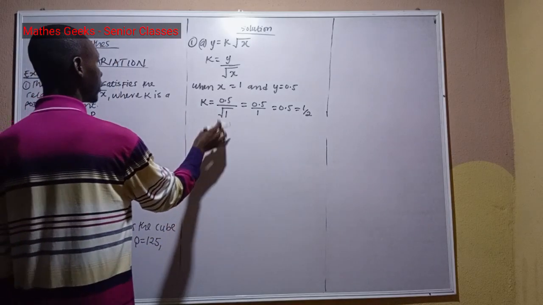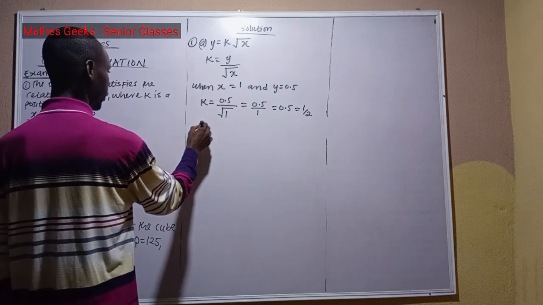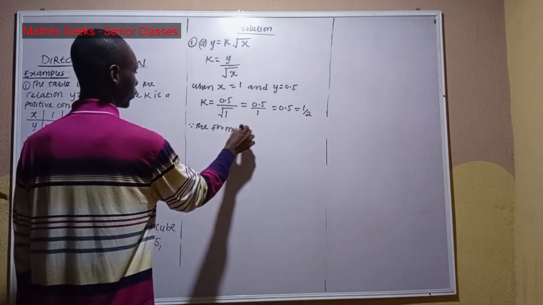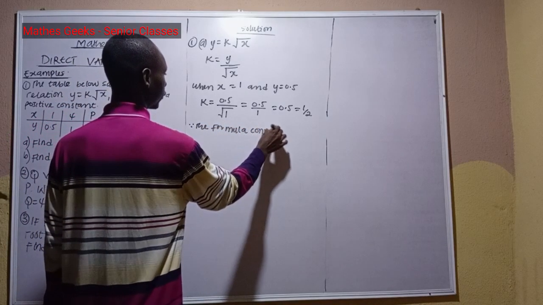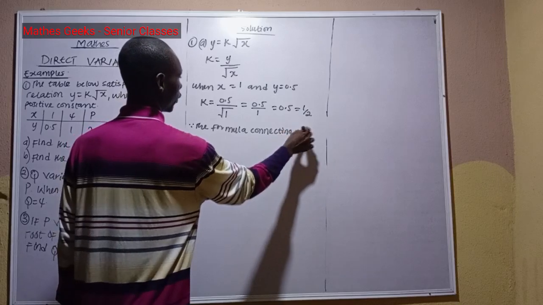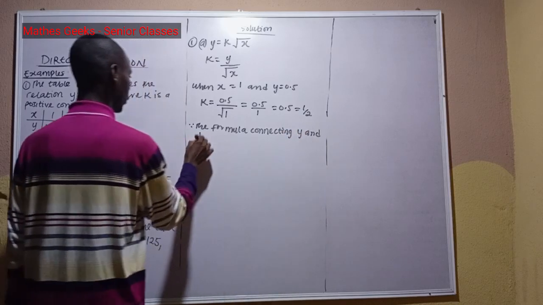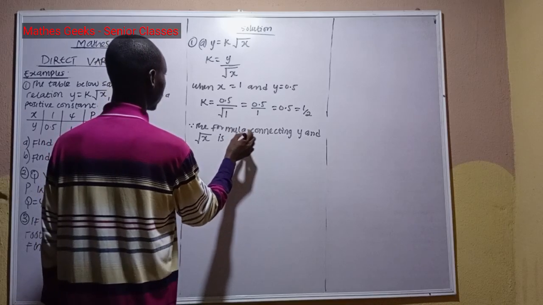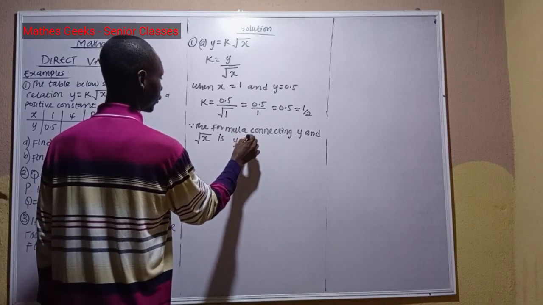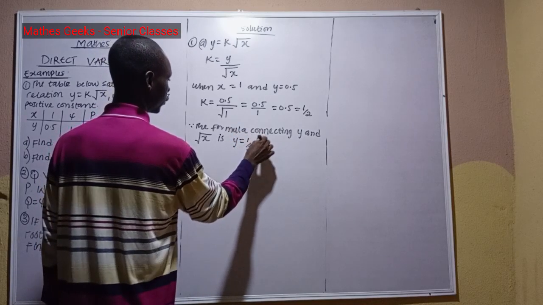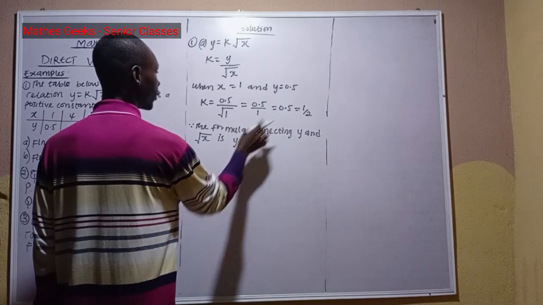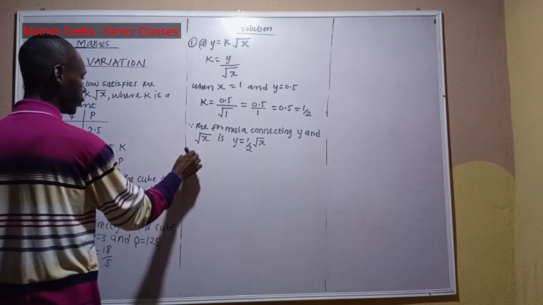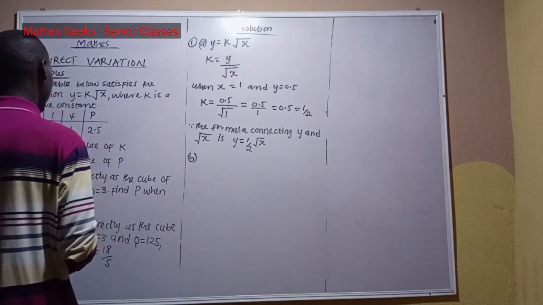So the formula connecting y and root x is y is equal to 1 over 2 root x, or you can say y is equal to 0.5 root x. Then part b says find the value of p.